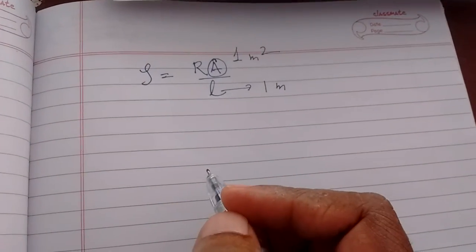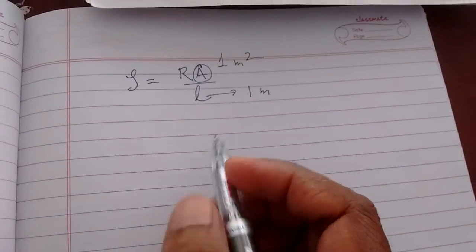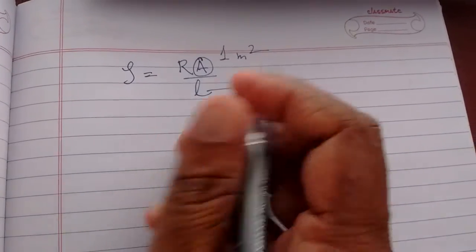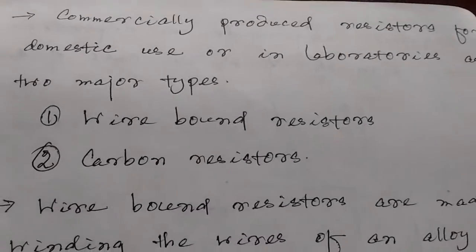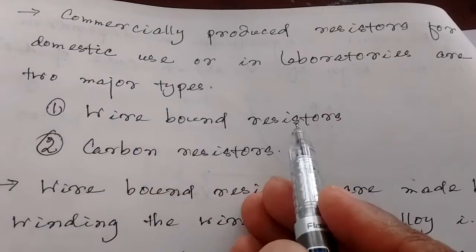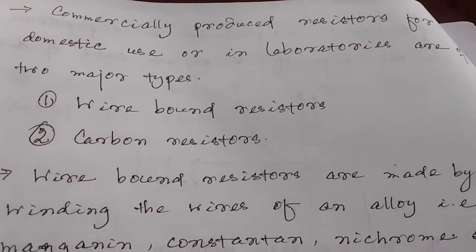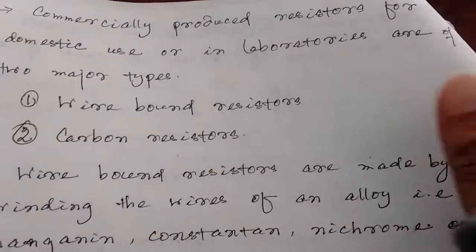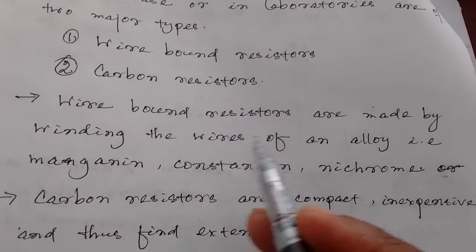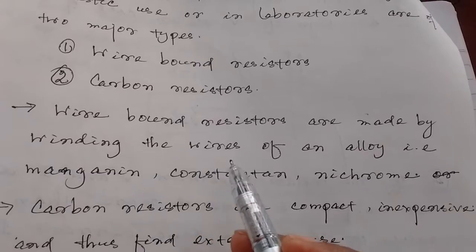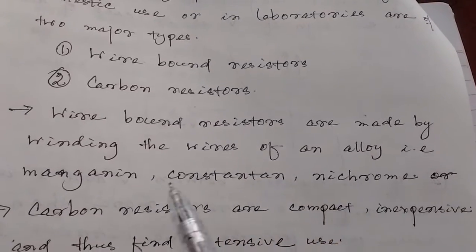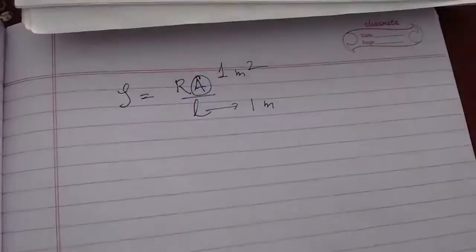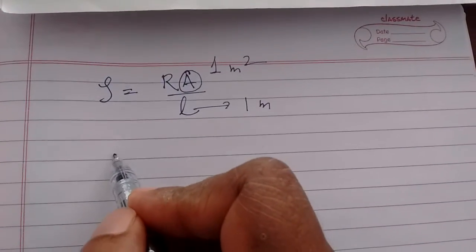Now come to the types of resistors available commercially. Types of resistors commercially available are two types: wire bound resistors, carbon resistors. First, what is wire bound resistor? Wire bound resistors are made by winding the wires of an alloy, that is manganese, constantan, nichrome, etc. It is almost like a spring structure.